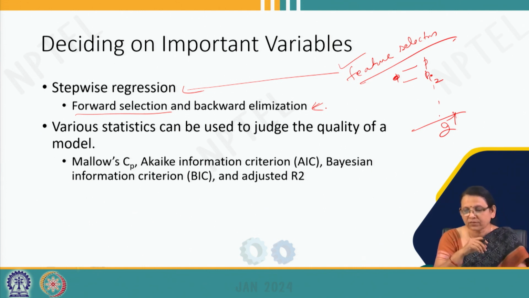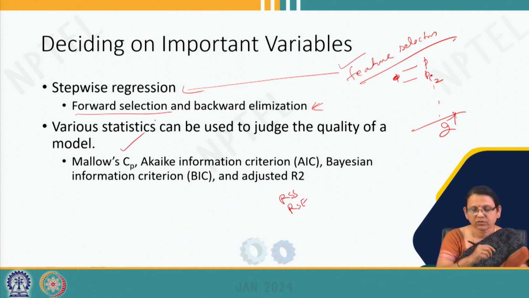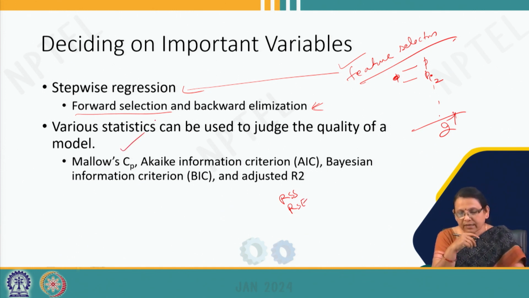Now, the various statistics which were used to judge the quality or the performance of the model, we saw last time. Besides, of course, RSS and RSE, we have Mallows' Cp, Akaike information criterion, Bayesian information criterion and adjusted R squared.